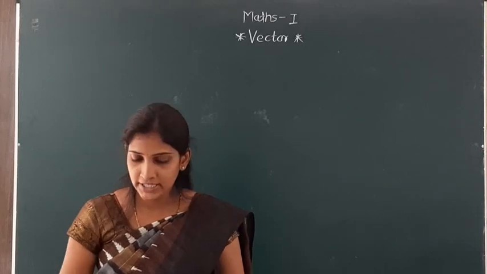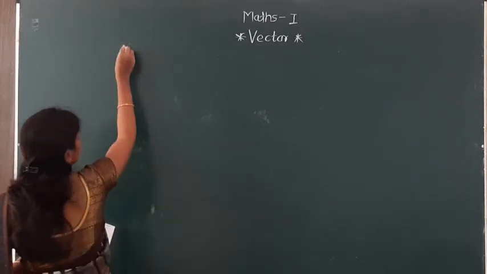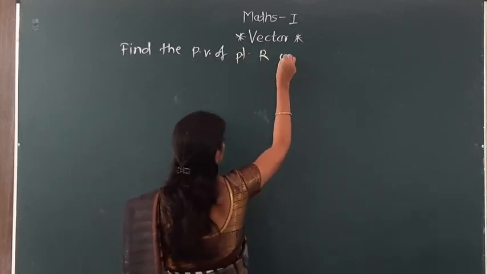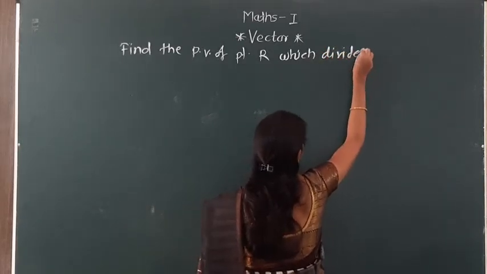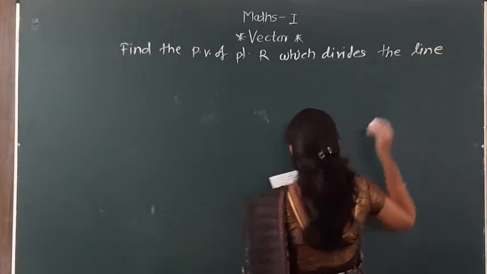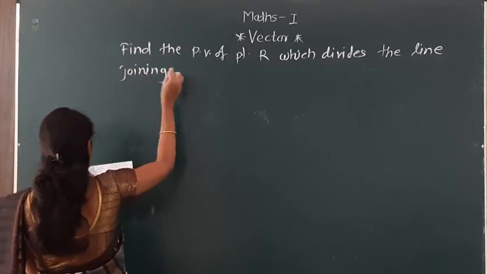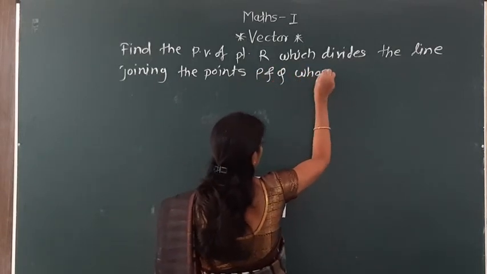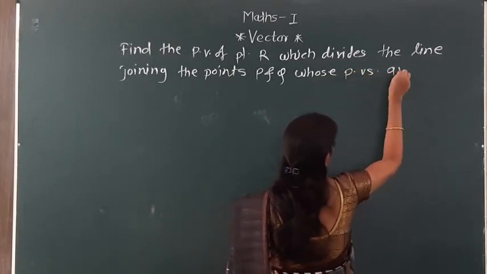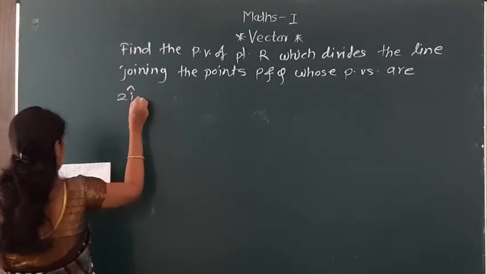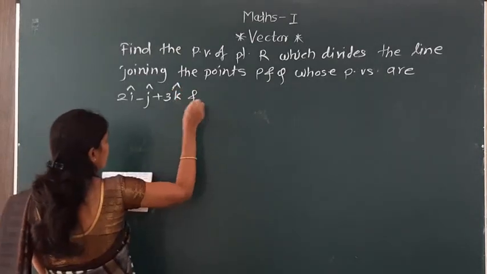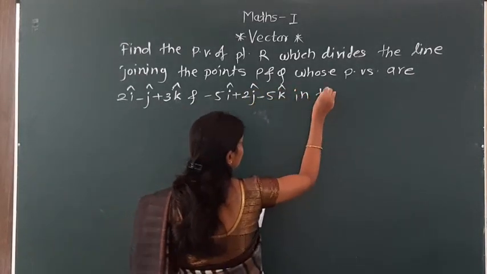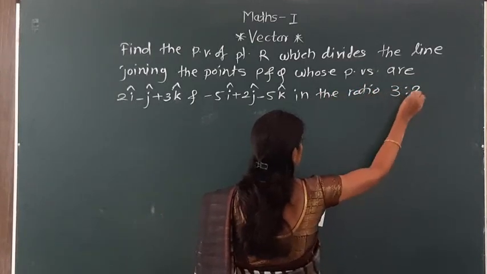find the position vector of point R which divides the line joining the points P and Q, whose position vectors are 2i cap minus j cap plus 3k cap and minus 5i cap plus 2j cap minus 5k cap, in the ratio 3:2.